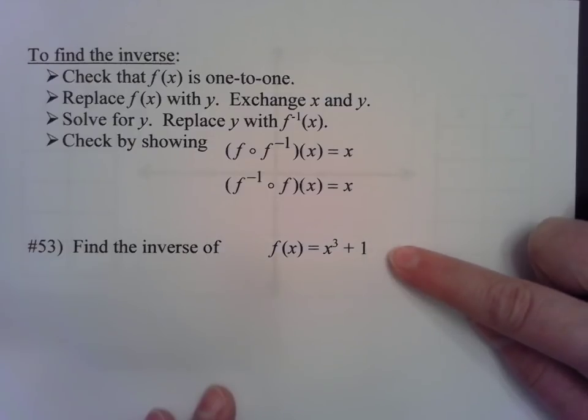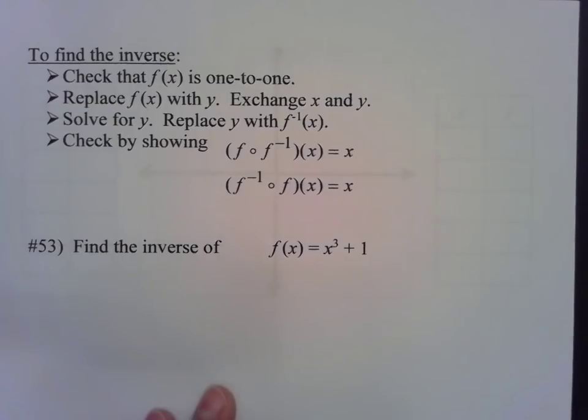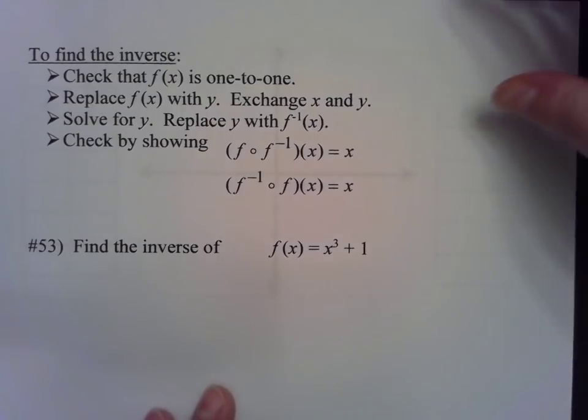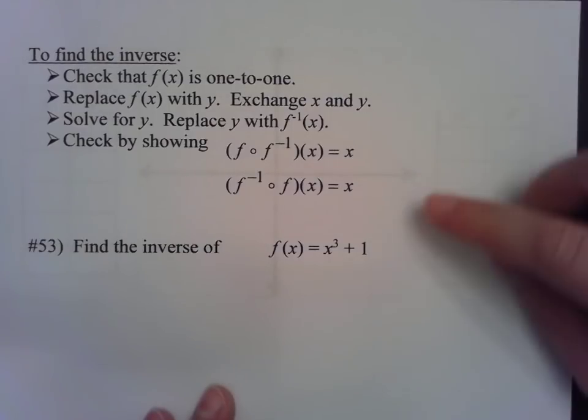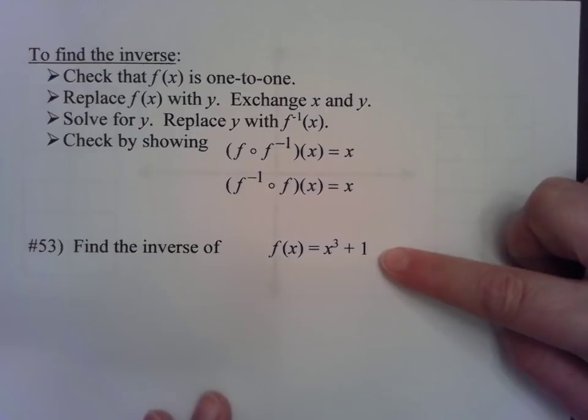Okay, so here's f of x. The first question is, we want to check to see if it's one-to-one. If you think about the graph for this function, I would like to graph it. Should we graph it now or later? I guess we could graph it now. You know what the cubing function looks like. What is this plus 1 going to do to it?